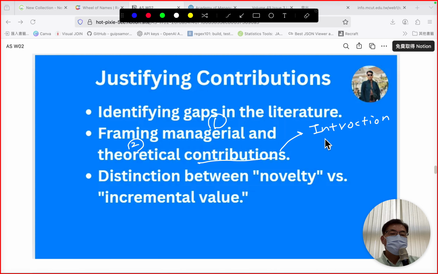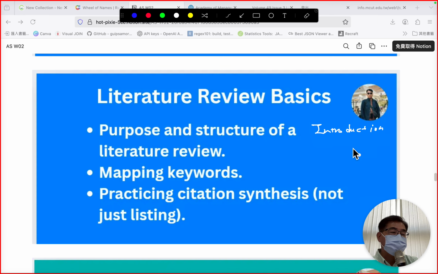What is the second section in the article? Yes, literature review. So this is the second section. So we are using literature to identify a research gap in the first section.